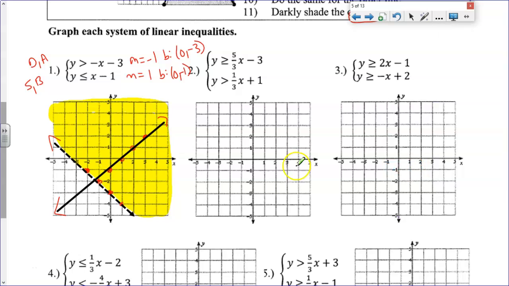Alright, so we're going to highlight below the line. And I'm going to change our highlighting to blue, and then you can see the overlapping area better here. So everything that's in the green is the solution. Isn't that cool? It's the overlapping area.